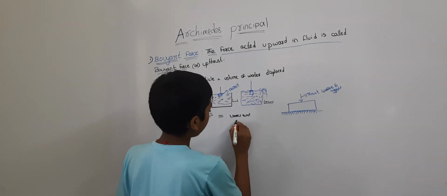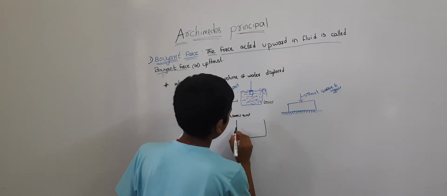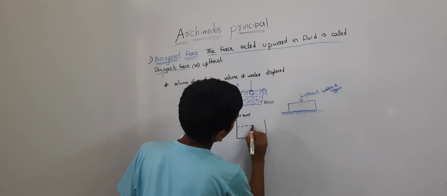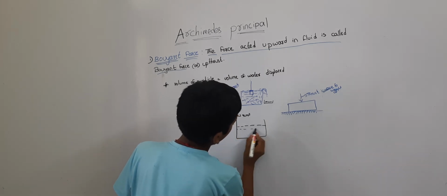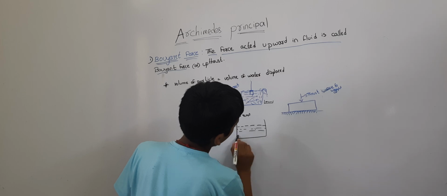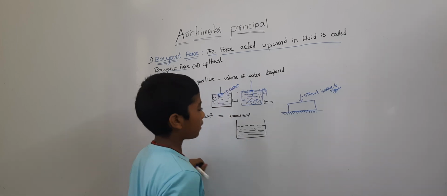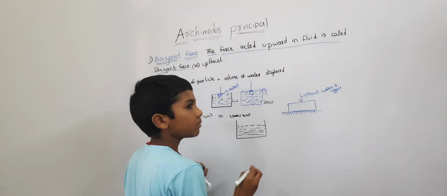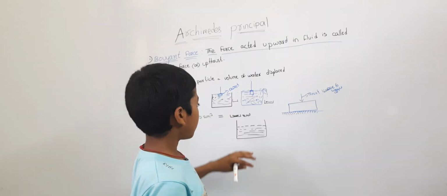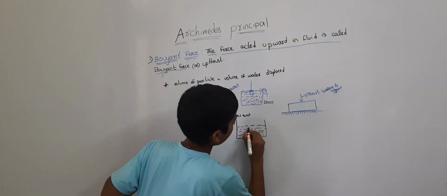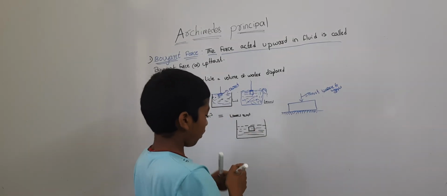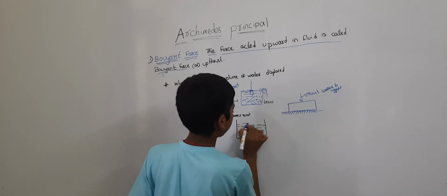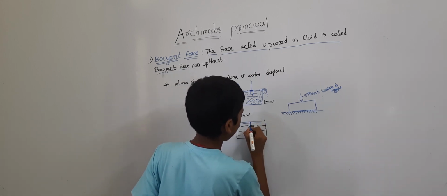And we draw a diagram. This is the diagram and this is an object. What is the diagram of the pressure?